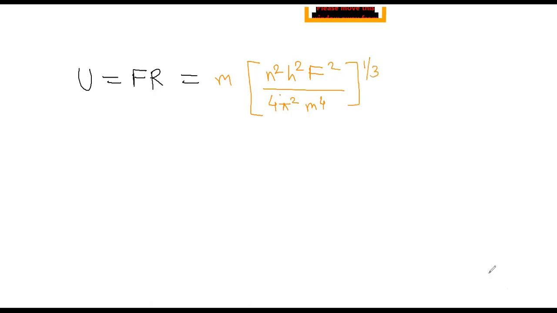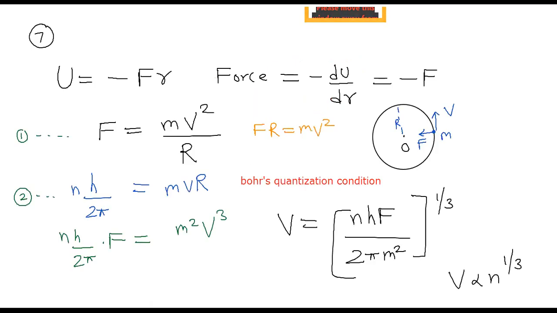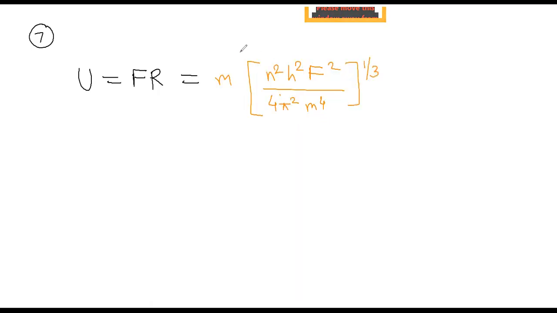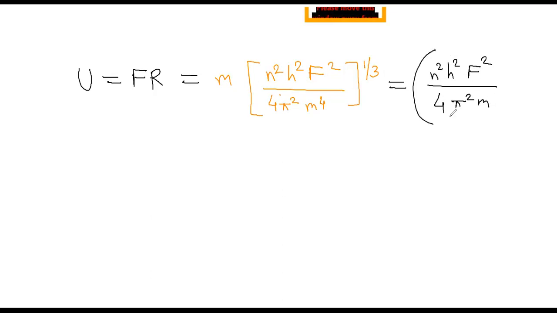See, what I have done is I have acquired v, and this will become (n square h square F square upon 4 pi square m) raised to 1 by 3.